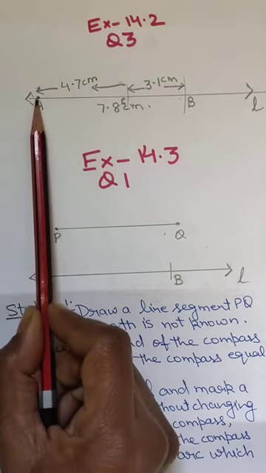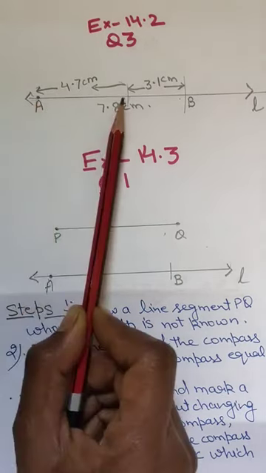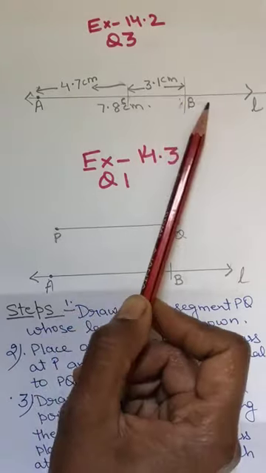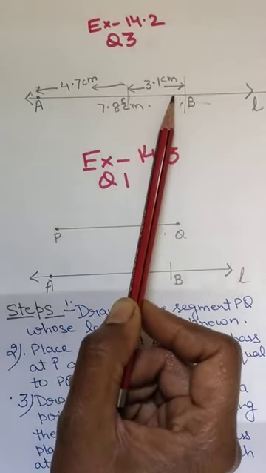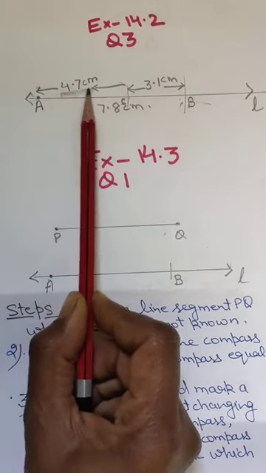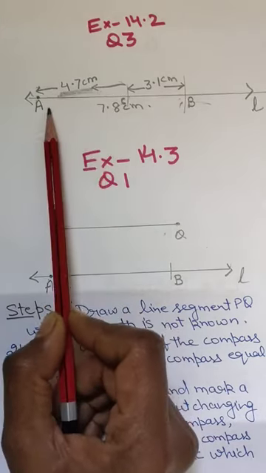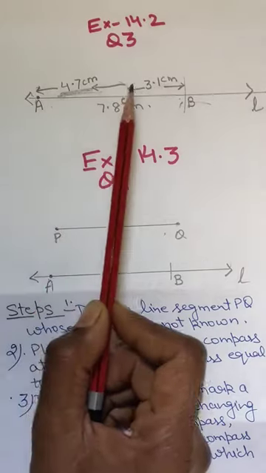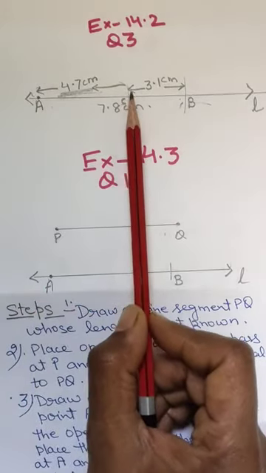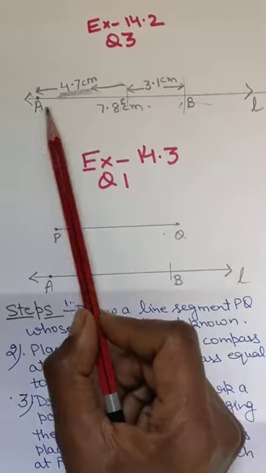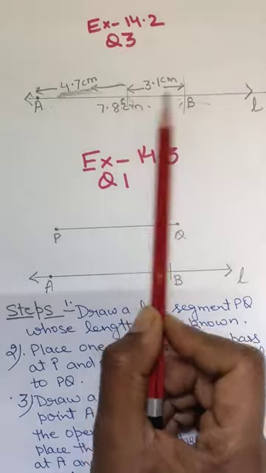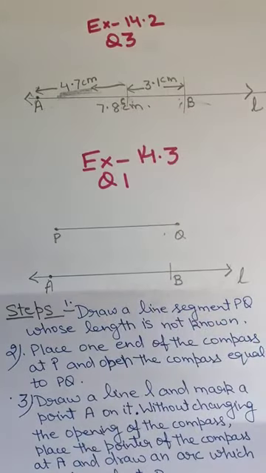Place the pointer of the compass at A. Draw one arc. Let it cut at B. So this AB is 7.8. Now open your compass to 4.7 centimeter. Place the pointer of the compass on A again. Draw an arc which cuts line L at C. This AC is 4.7. Now measure BC, which is equal to 3.1.